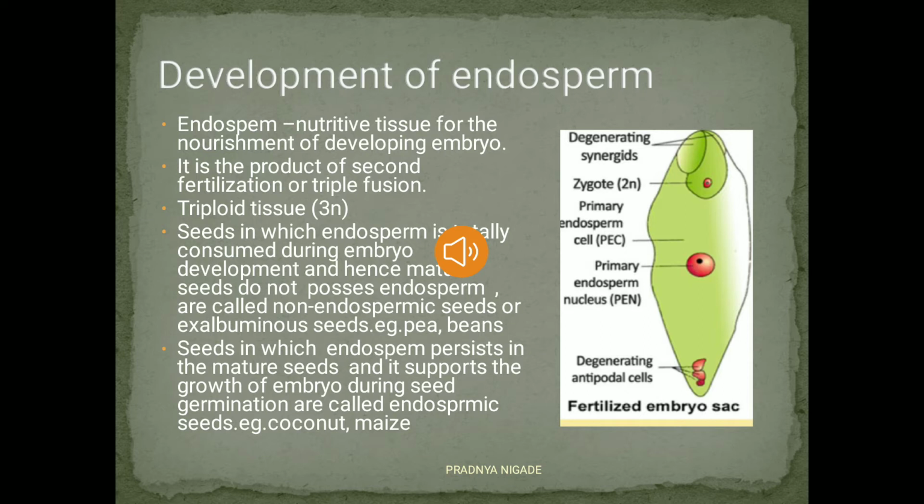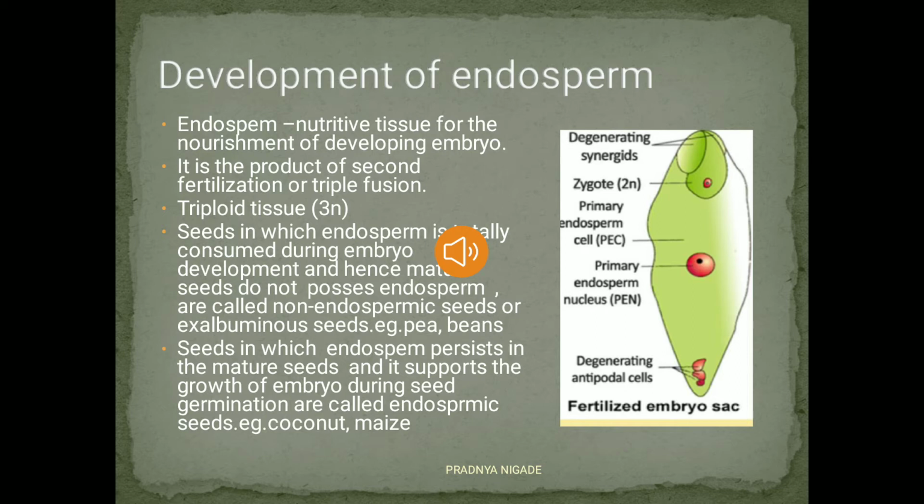So PEN, that is primary endosperm nucleus, divides and then forms the endosperm. The formation of the triploid endosperm nucleus triggers the cell division, which leads to the formation of the embryo also.